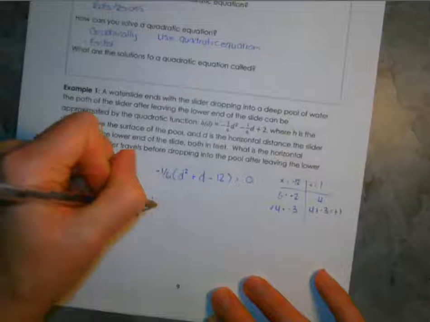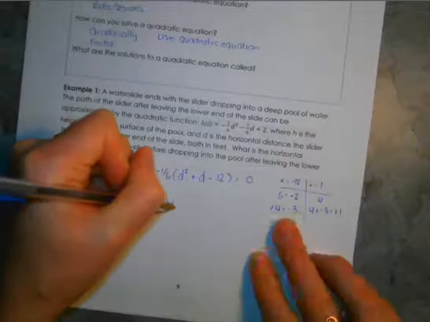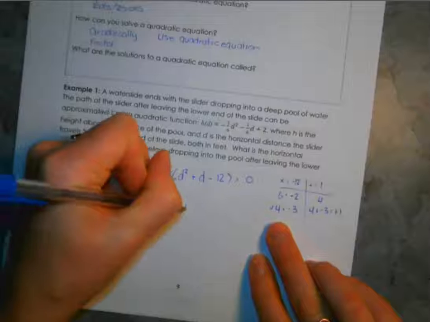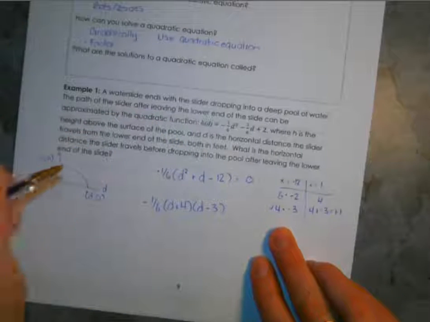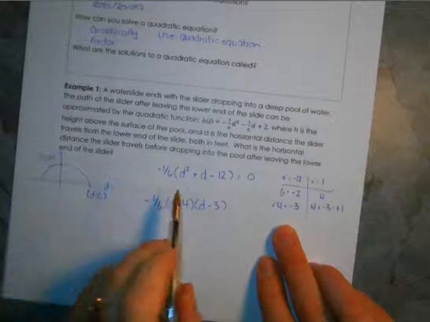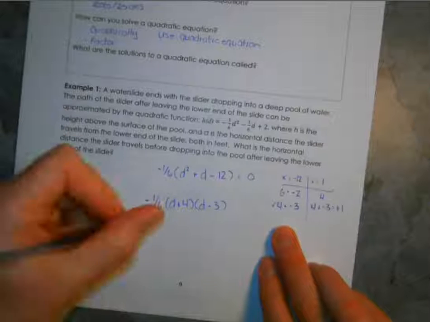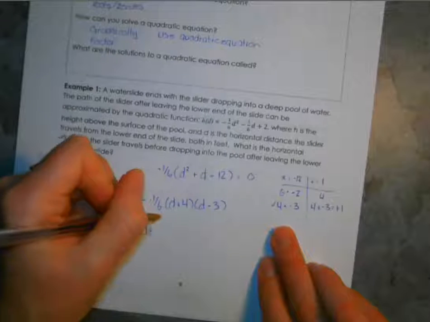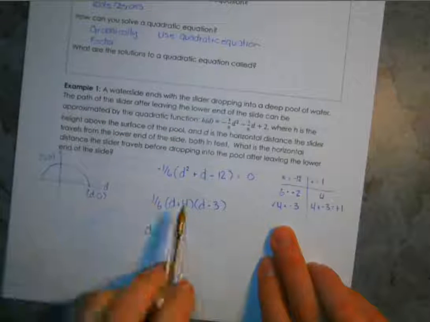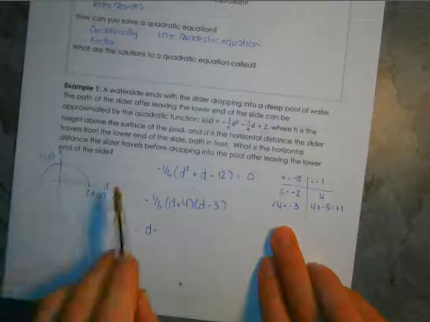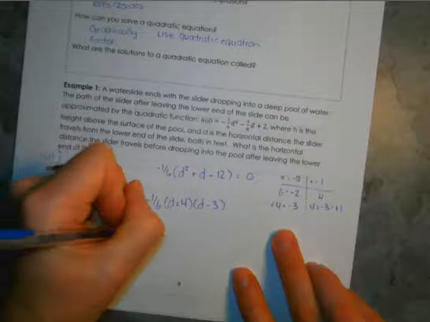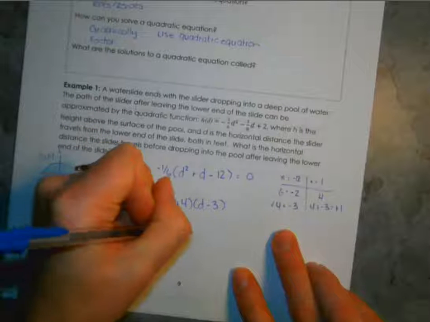So -1/6 (d + 4)(d - 3). Okay, and so basically what we've found out is that the roots of our graph are d equal to either, now remember when we're talking about the x-intercept, if you have a +4 here, then it's actually talking about -4 on the x-axis. So d could either be -4 or +3.